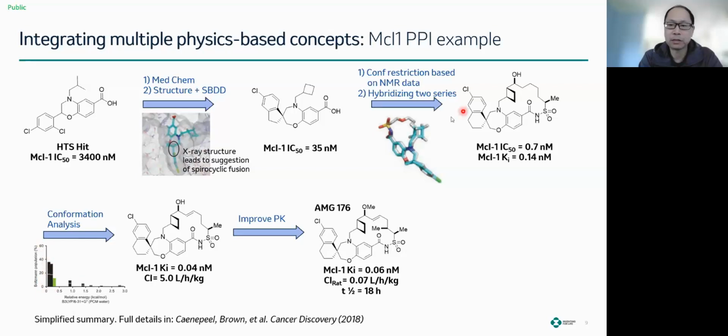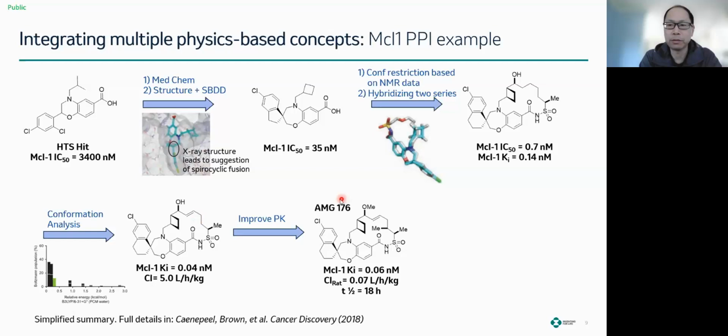You can see that this molecule itself was not the highest populated conformation, and so what we wanted to do is modify this compound so that it would be one of the highest populated conformations. So basically it's pre-formed for the binding site, and that would allow it to not have a strain penalty going into the binding site.